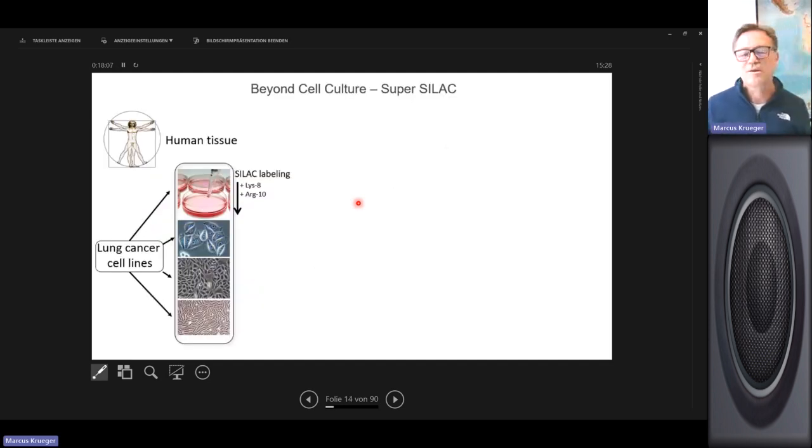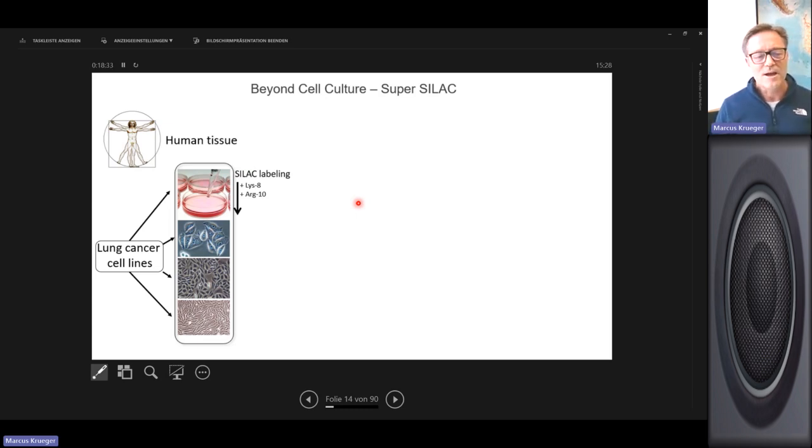Okay, so of course, this is a kind of multiplexing, but then the question might be, how can we also use this SILAC technology to quantify human tissue or any other tissue? And one idea was again invented by the Matthias Mann lab, that used different labeled cell culture models, and they called it super SILAC.